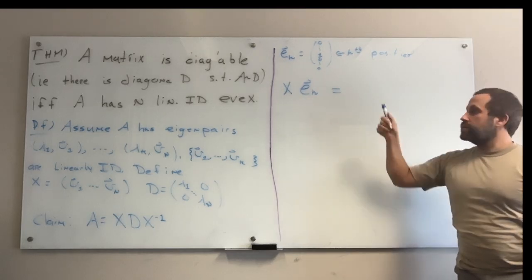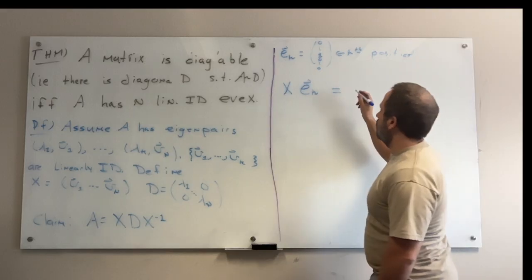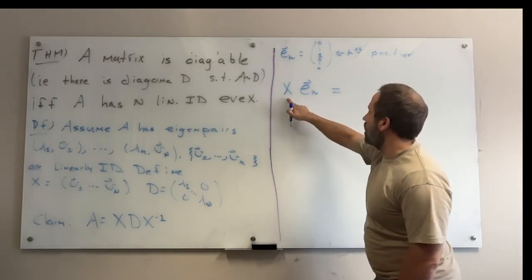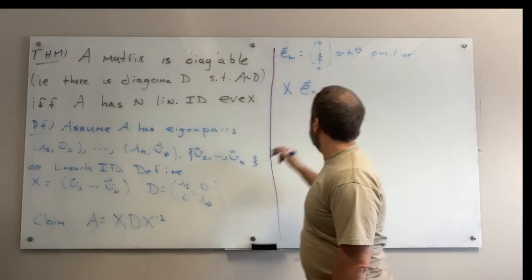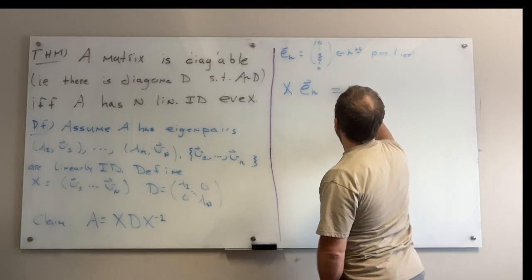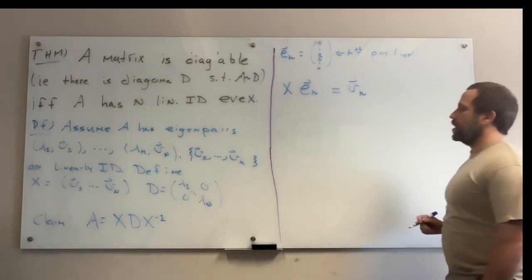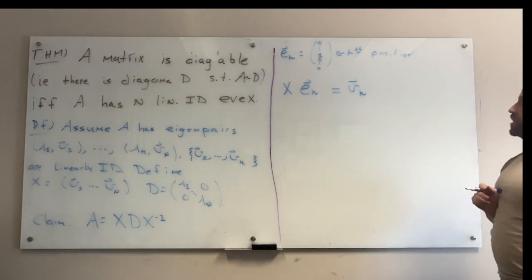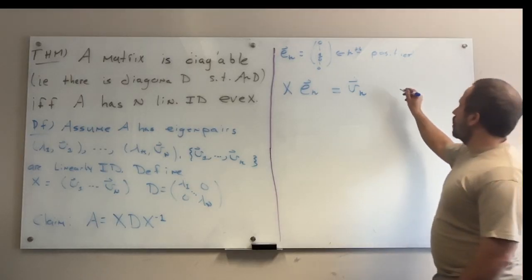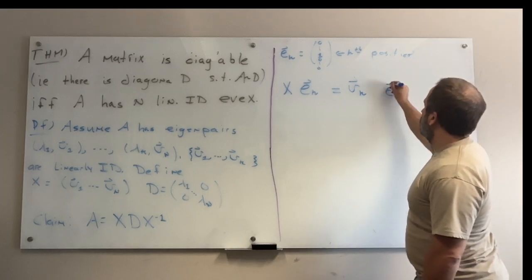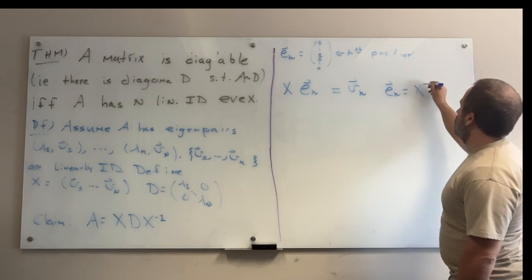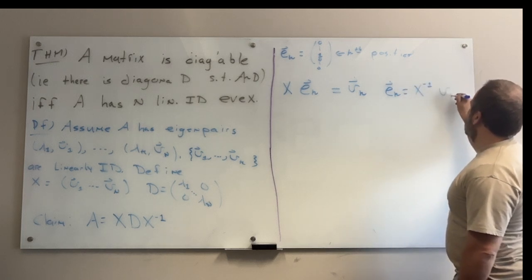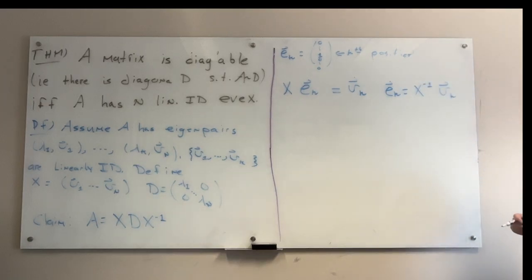So X times e_k is just equal to the kth column of X. But the kth column of X is just equal to v_k. So X times e_k is equal to v_k, or e_k is equal to X inverse times v_k.